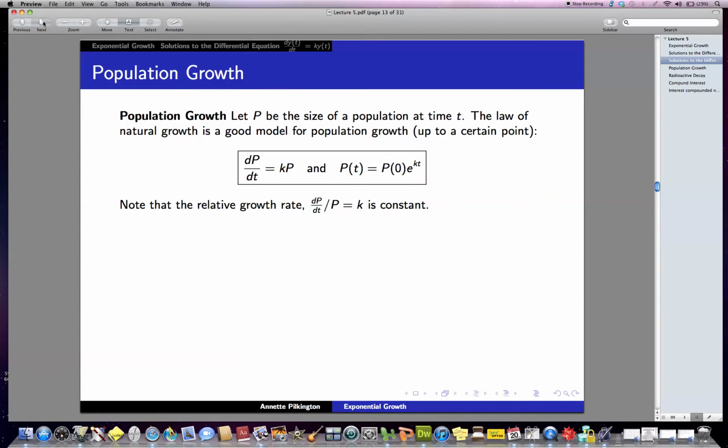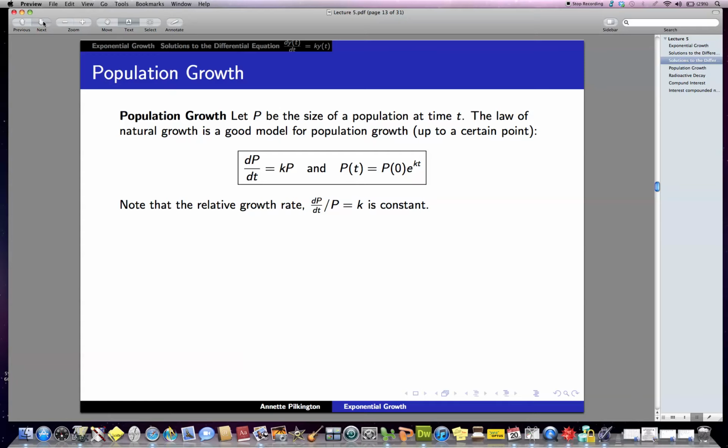Population growth is well modeled by exponential growth up to a point. I say up to a point because there are limitations on population growth, and the model breaks down when the population gets overcrowded and resources become scarce.